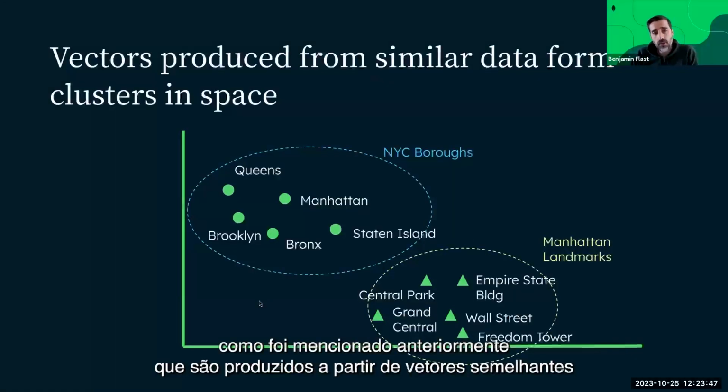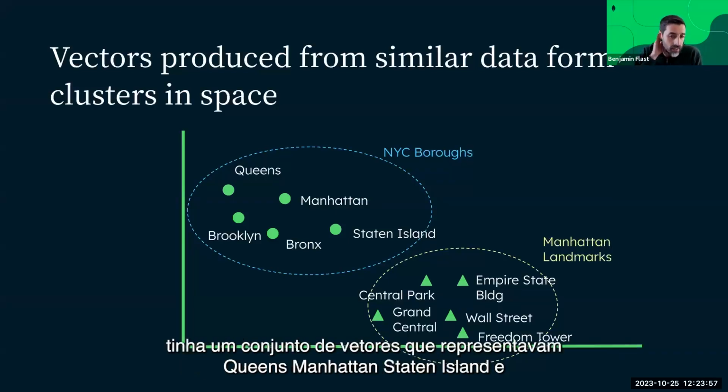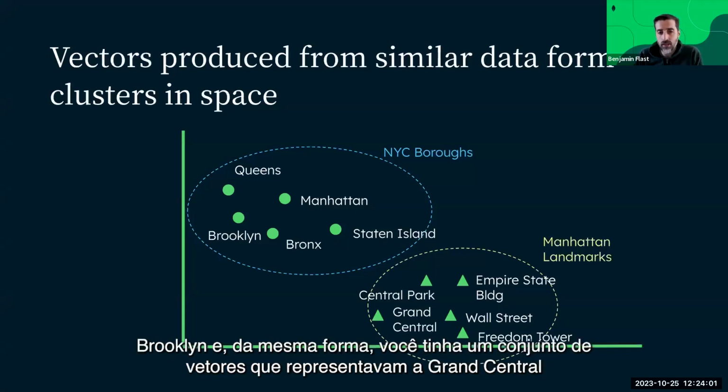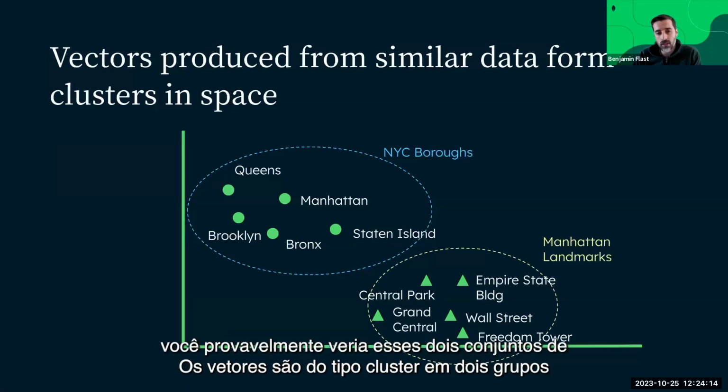As was alluded to earlier, vectors that are produced from similar data will form clusters in space. And what does this really mean? Well, if you had a set of vectors that represented Queens, Manhattan, Staten Island, and Brooklyn, and similarly, you had a set of vectors that represented Grand Central Station, Central Park, and Wall Street, you would probably see those two sets of vectors cluster into two groups.